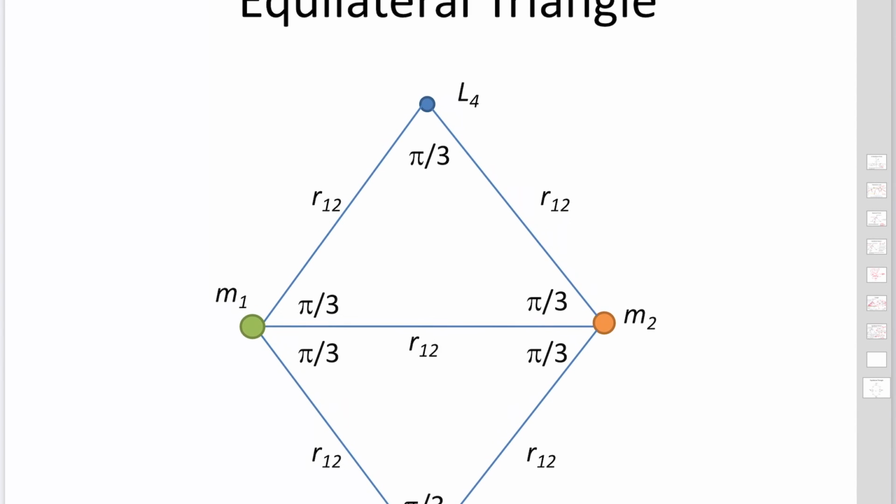The equilibrium point is located at this point. This is pi over 3 radians, so this is 60 degrees, 60 degrees, 60 degrees.